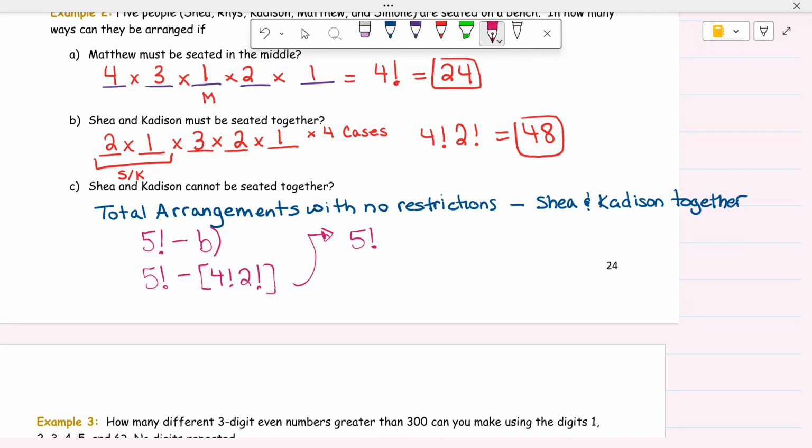So 5 factorial minus 48. So 20, 60, 120. 48, so 72? That was weird to me for a second. So there's 72 different ways, okay, that they could set it up so they're not together.